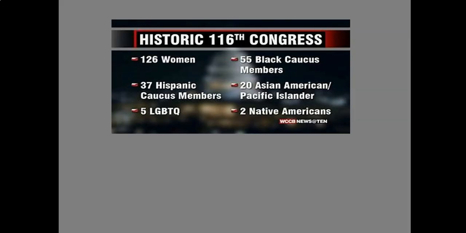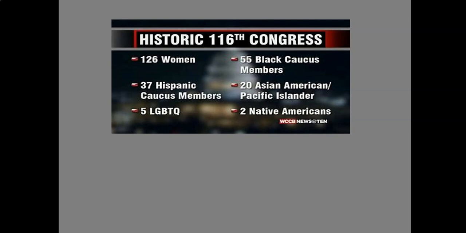The historic 116th Congress. The elections of 2018 were extremely significant because for the first time, it brought a whole bunch of minorities into the United States Congress. The idea behind having a whole bunch of minorities in the Congress is important because Congress is supposed to represent the makeup of the country.